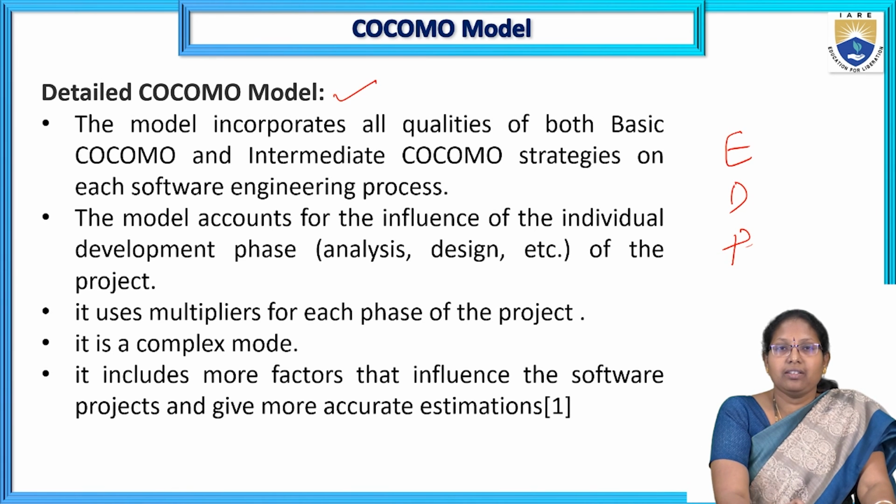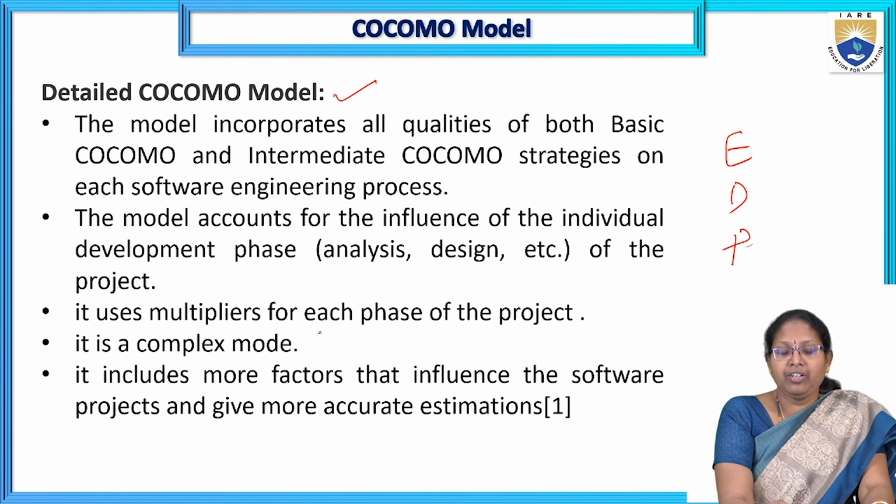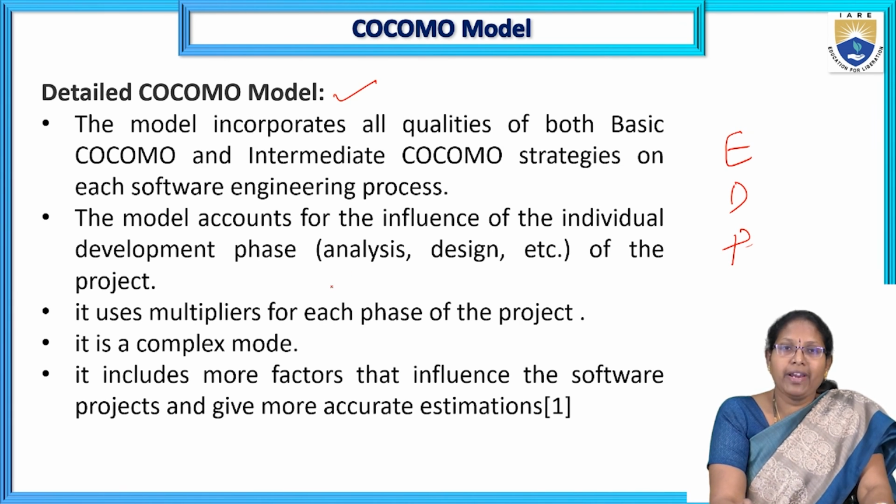Here the different stages of the detailed COCOMO model are applied to the different stages of the software development process model, from requirement gathering, analysis, design, implementation, testing, deployment, up to maintenance.